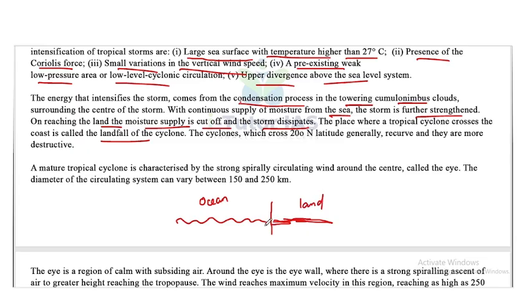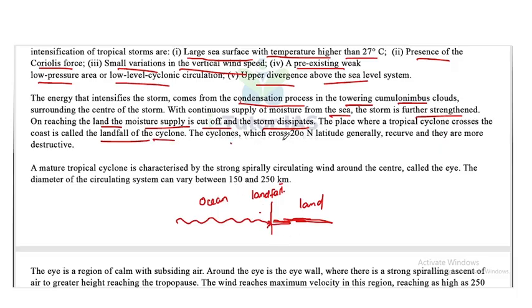Now, when a tropical cyclone reaches this point, that is the coastal area, from ocean to land, this area is called the landfall of the cyclone. Because in this area they cut off the storm, they cut off the moisture supply, and thereby the storm dissipates. This place is called the landfall of the cyclone.